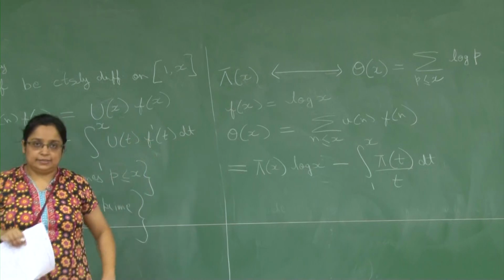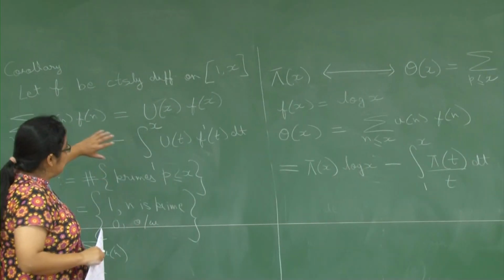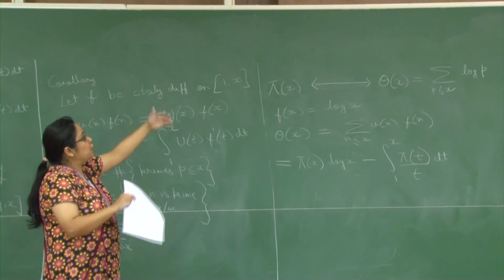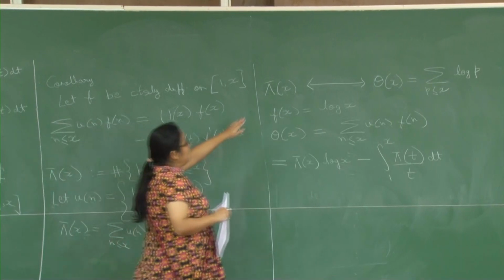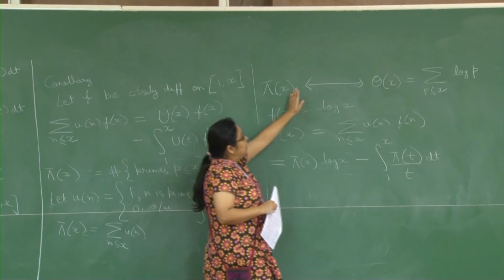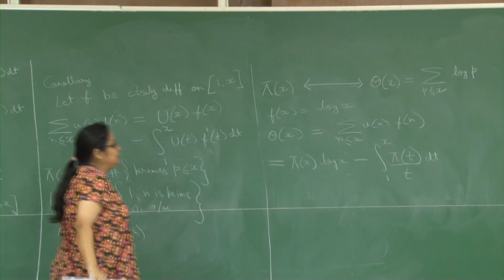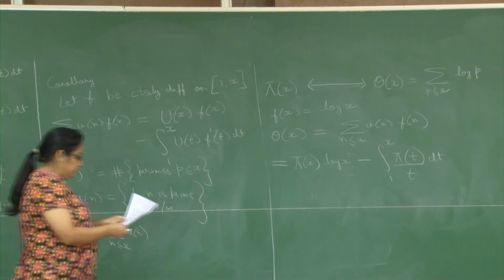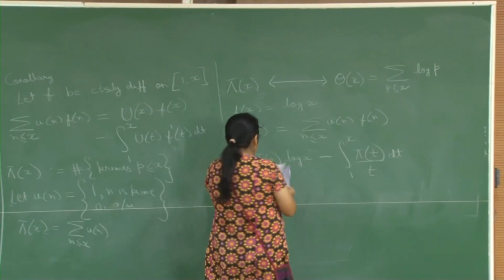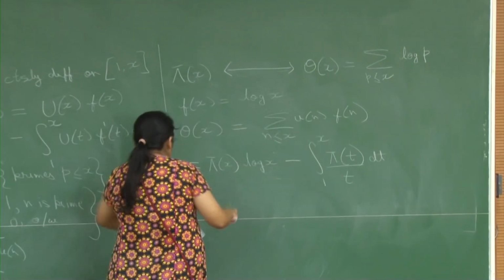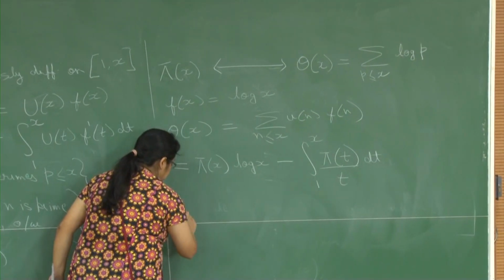We can invert this now and apply partial summation again to do the opposite: write pi of x in terms of theta of x and then draw equivalences between the two. So, what do we do now? We make the following observation.